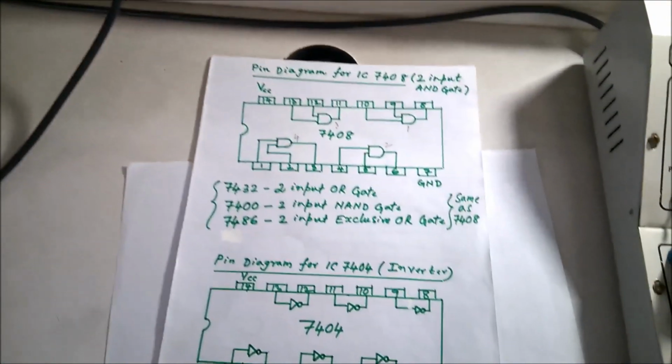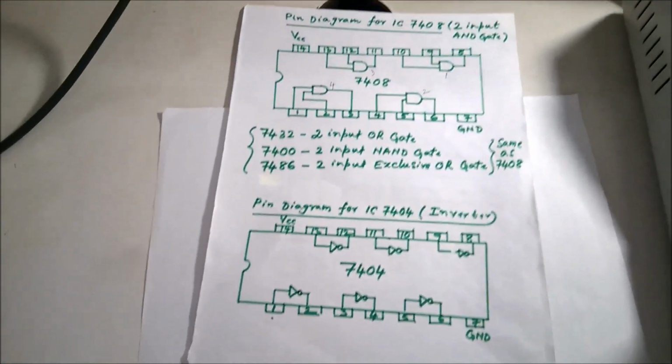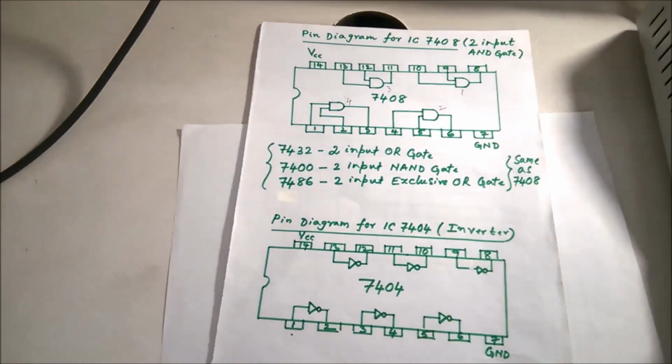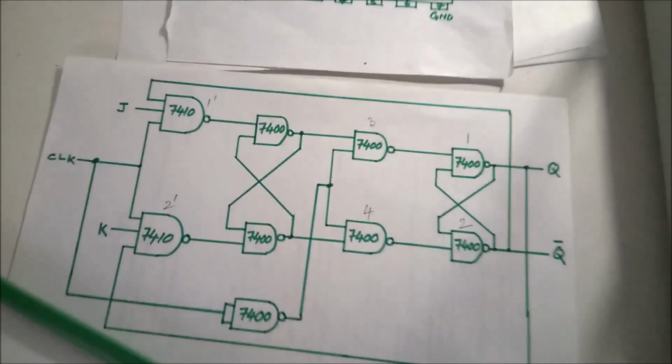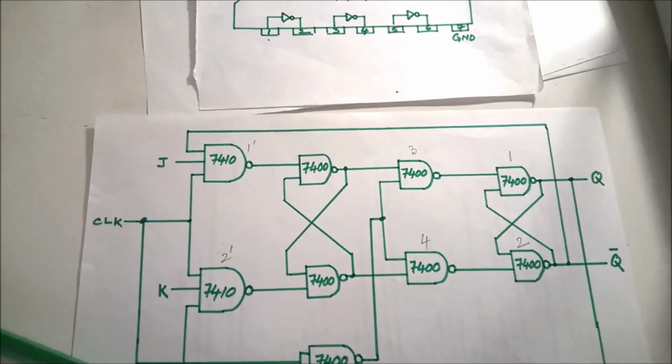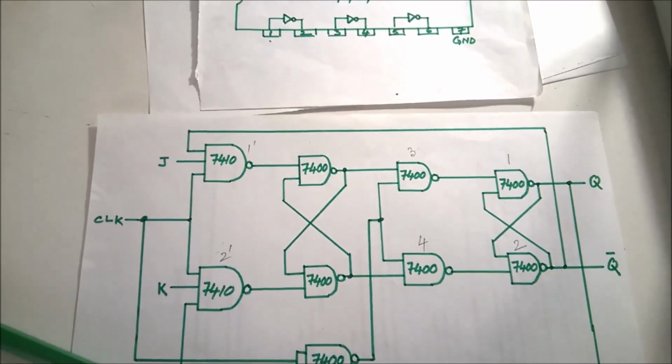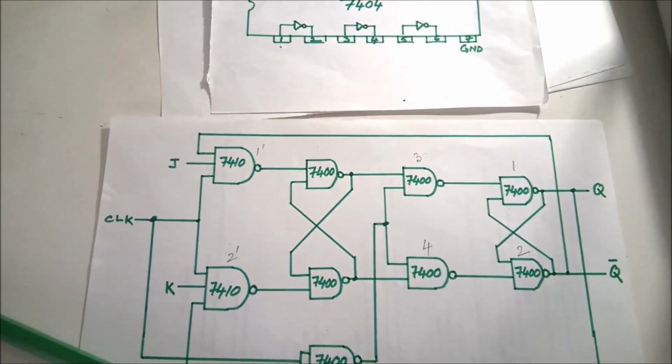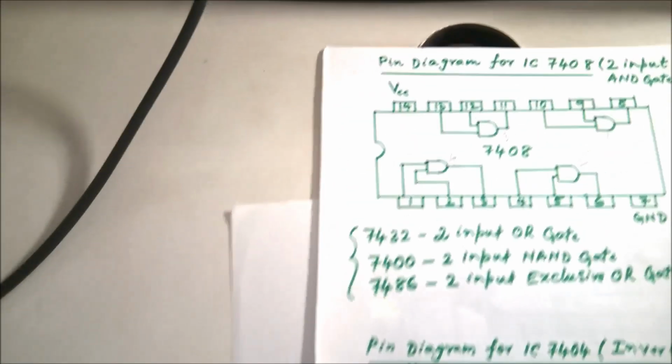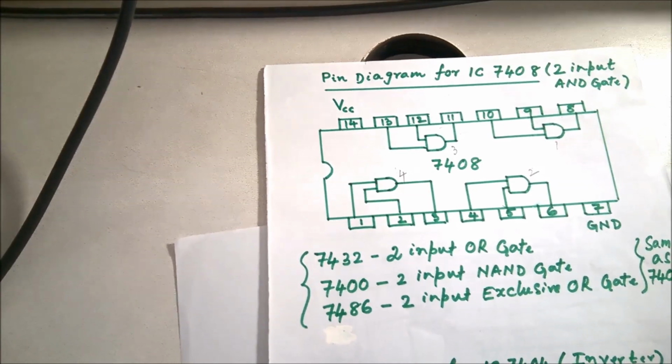You can see that for gate number 1, pin 10 is pending, and for gate number 2, pin 5 is pending. Looking at the diagram, the output of gate number 3 is the input to gate number 1. The output of gate number 3 is 11.